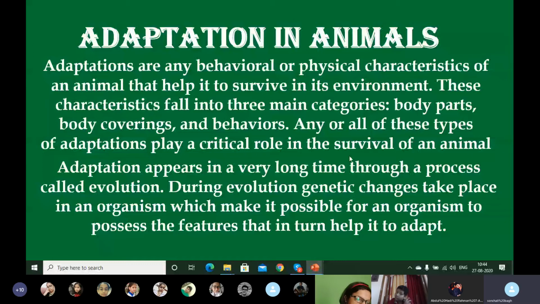Now, adaptation appears over a very long time through a process called evolution. Just now we discussed the term evolution, yes or no?